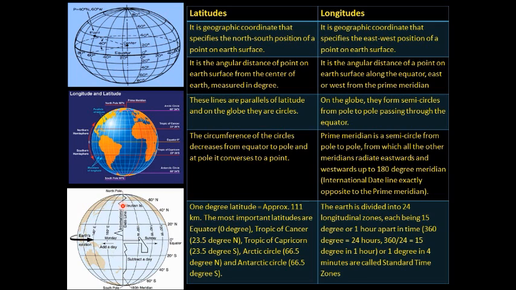This International Date Line, which is the 180 degree meridian, is located exactly opposite to the 0 degree prime meridian. Here it is exactly opposite, right? So this side is the eastern hemisphere and this side is the western hemisphere. We know that the earth rotates from west to east, and here the Aleutian Islands are located near the Alaska region of the USA, which is in the western hemisphere, and here Japan is located.